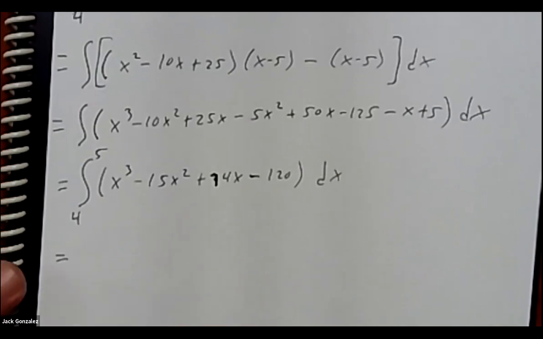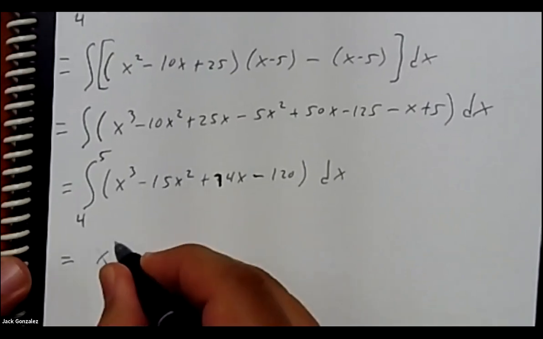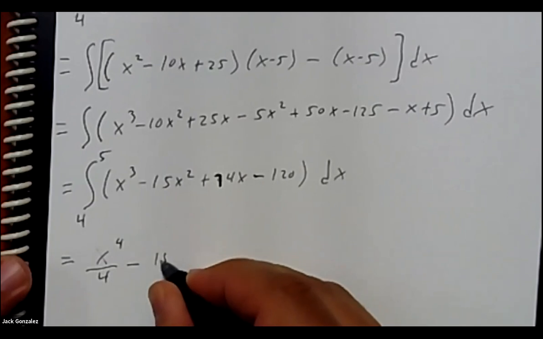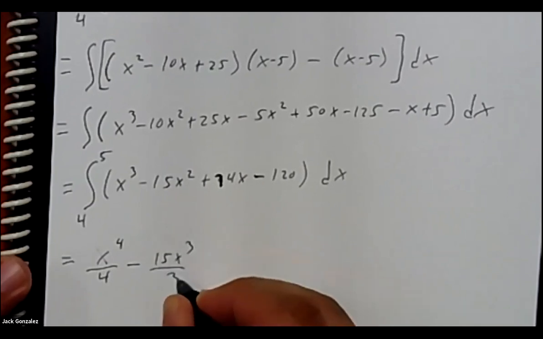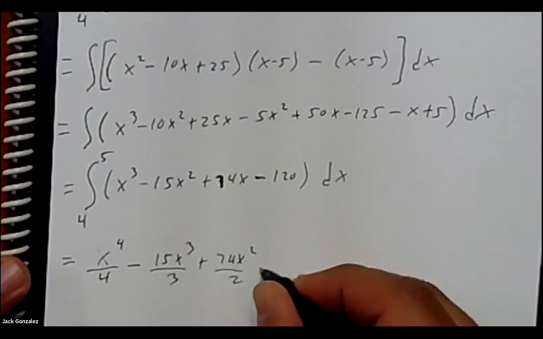Okay. So then that will be x to the 4 over 4 minus 15x cubed over 3, plus 74x squared over 2.